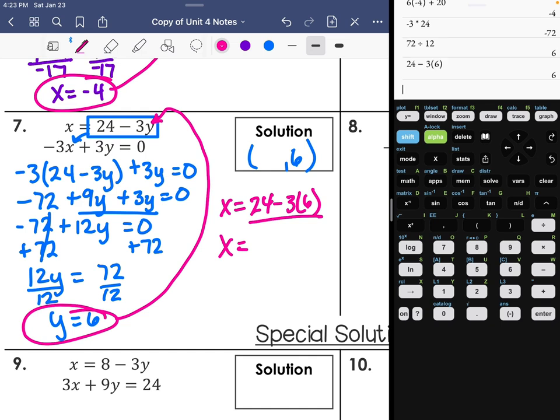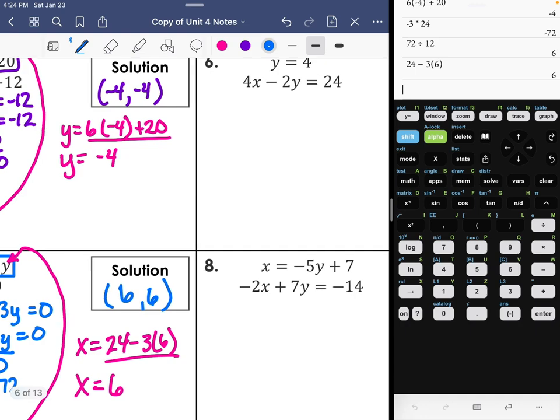Remember to substitute with your parentheses, and I get 6. So this solution is 6, 6. Okay? So you're going to use this information to do 6 and 8 over here.